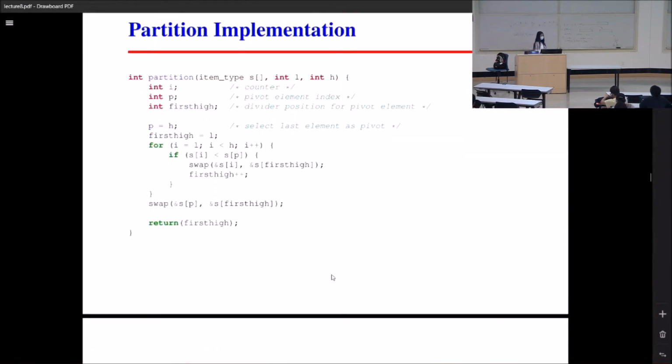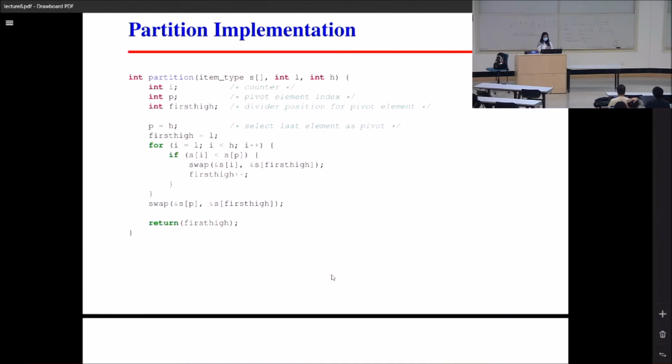Okay. Let's take a look at the code for the partition. Here you will have the index i and the pivot element index, and also the first high. This algorithm simply chooses the last element as the pivot point. At the first level, L will be 0 and high will be 7, as there are 8 elements.